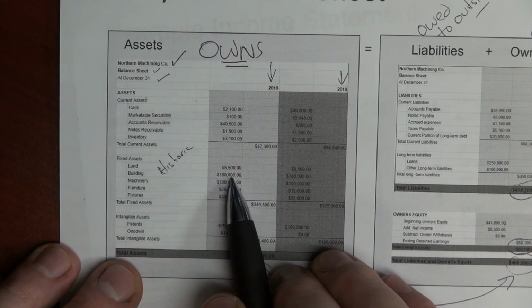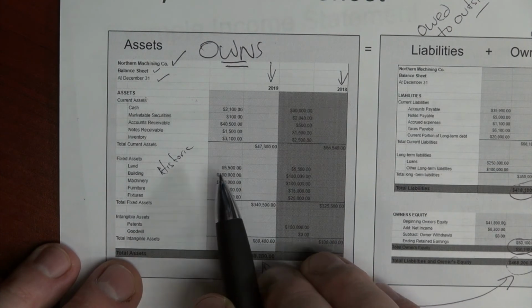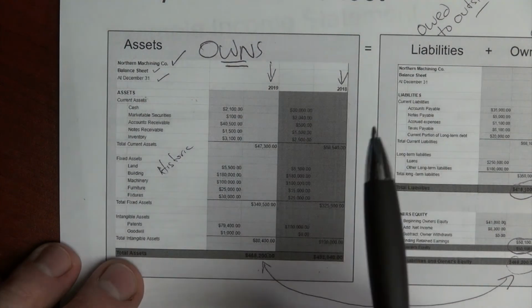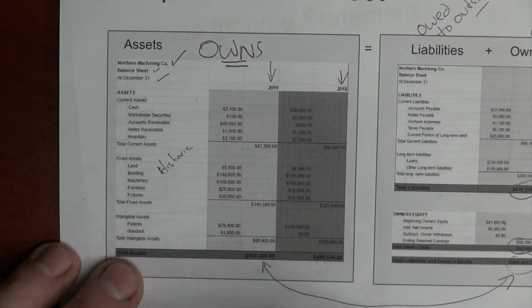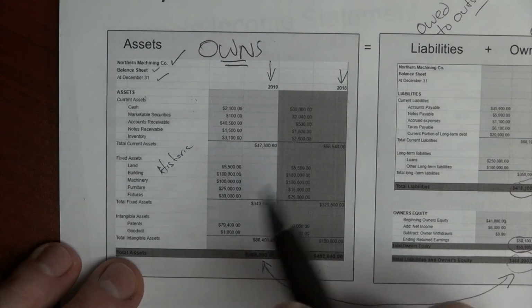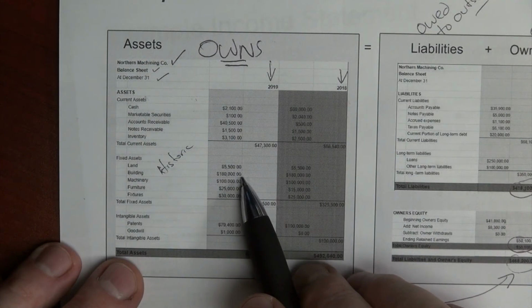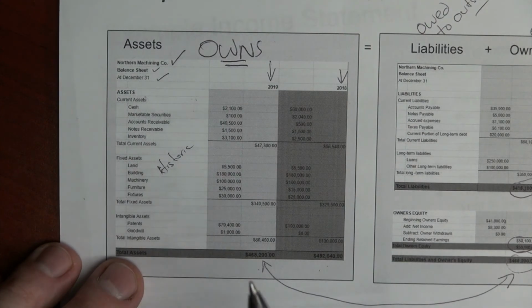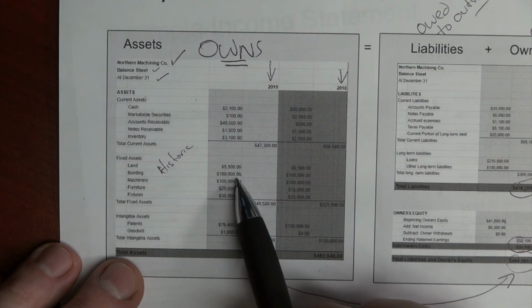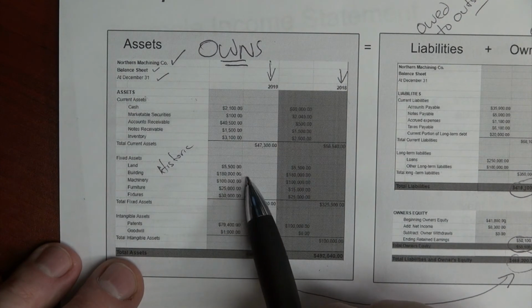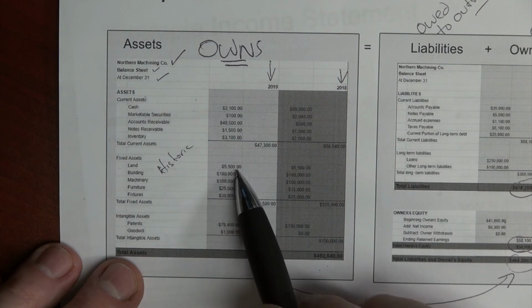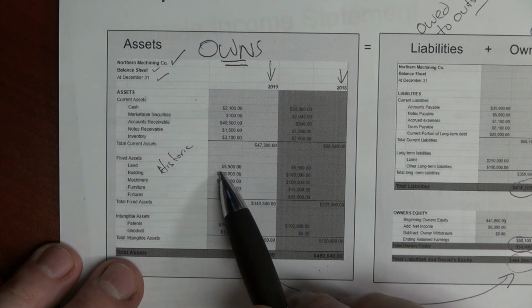When we bought the building, we paid $180,000 for it. Now that building has what's called a useful life. It will only last so long, and we really need to find a way to lower that value, because as the building gets older, let's assume the building is 50 years old, is it worth $180,000? And we're talking about the physical structure now as opposed to anything else. Well, the physical structure might be worth more, but generally we have to be able to say it's going to wear out and it's going to be less valuable.